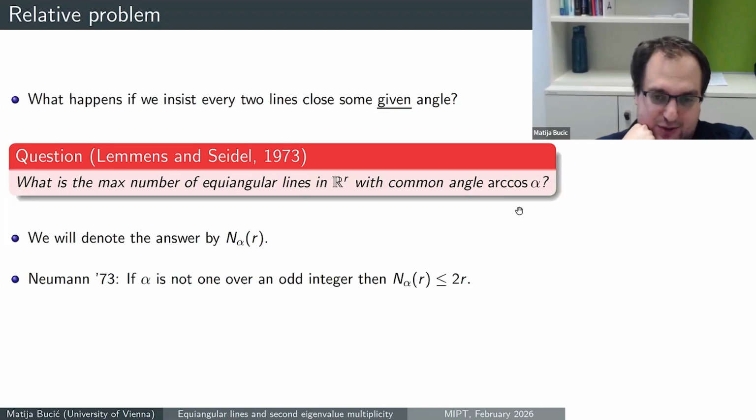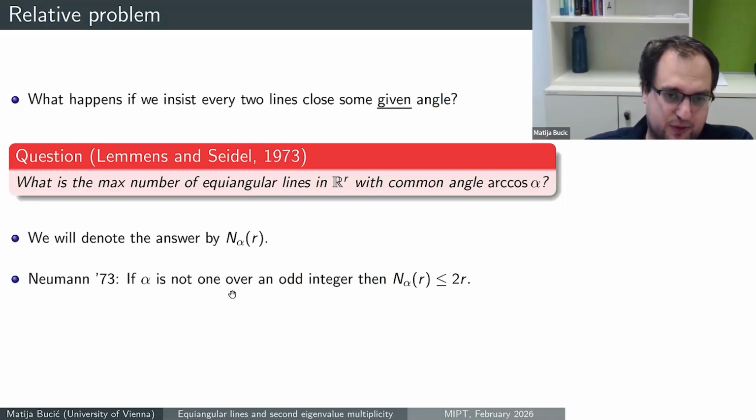So contrast this to the quadratic answer to the general problem, and you can conclude that if you want to get this quadratic thing, your alpha better be 1 over an odd integer. And actually, in the case of 1 over an odd integer, we have only very recently started to be able to prove somewhat similar bounds to this.